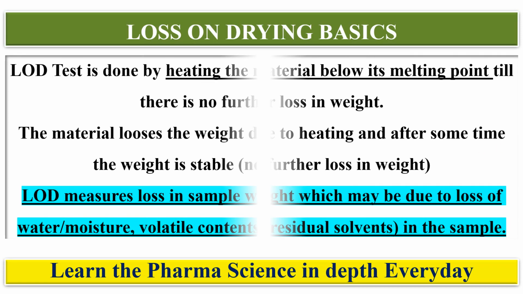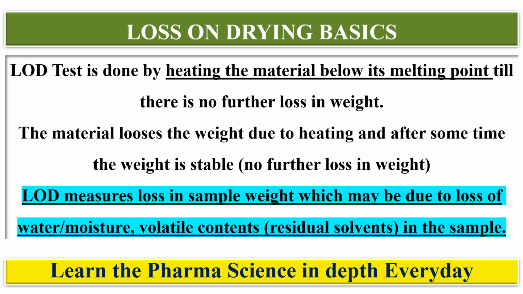Then coming to loss on drying, as the name indicates, the LOD test is done by heating the material below its melting point until there is no further loss in weight. Now why below the melting point? Because if that material melts, you will not get reproducible results. That's why LOD is always done below the melting point of the material.